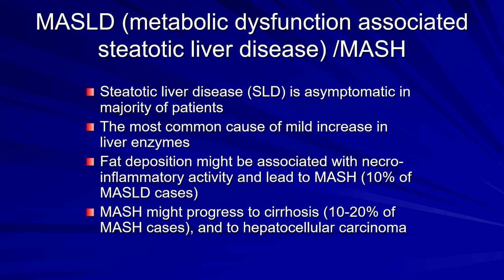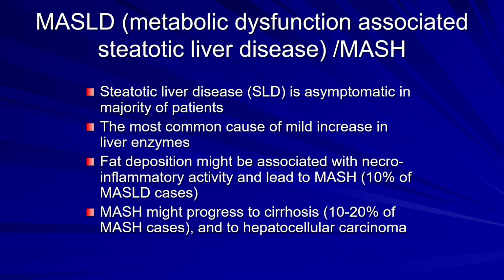Let me further emphasize the extreme importance of steatotic liver disease. Now we give it the general name called metabolic dysfunction associated steatotic liver disease. It is very common. It affects about 30% of the population.